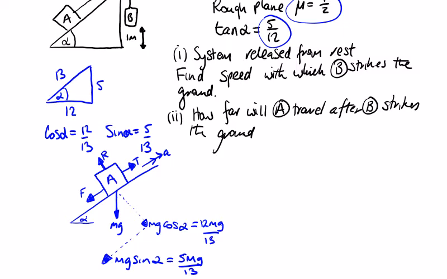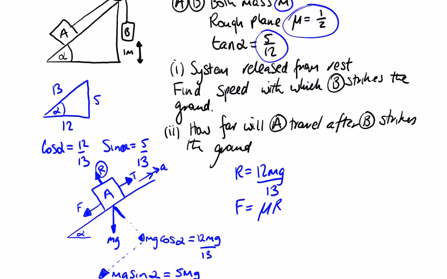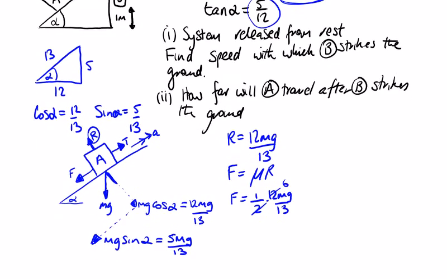So R is equal to 12mg over 13, going down this way equal to going up this way with R. F is equal to mu R. Mu is a half. So F is equal to a half of 12mg over 13, the 2 and the 12 will cancel out and make the 12 a 6. So F is equal to 6mg over 13.